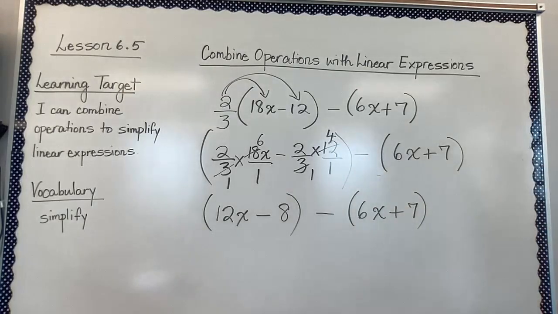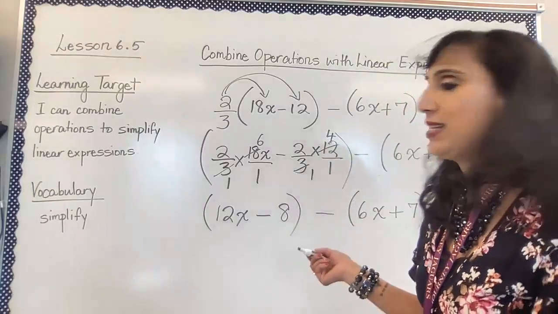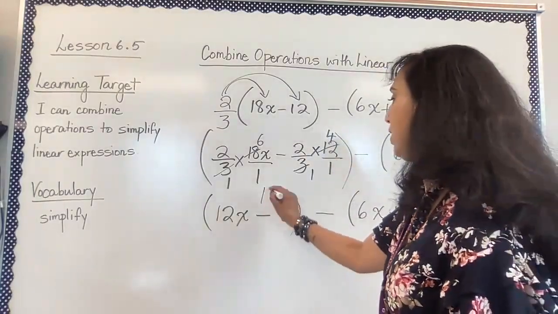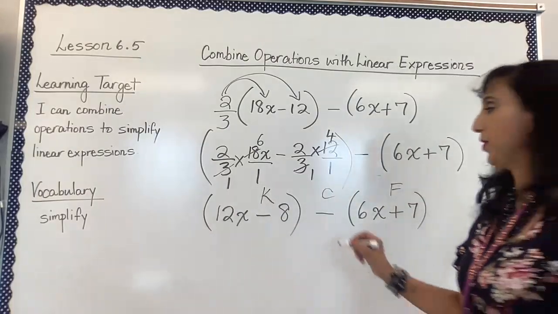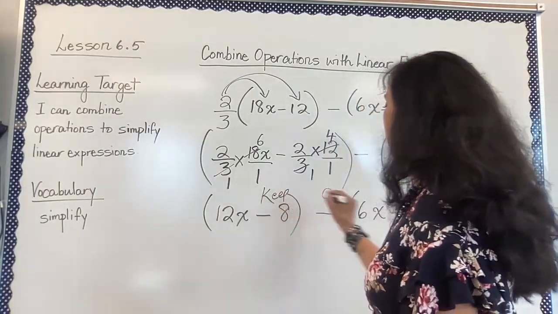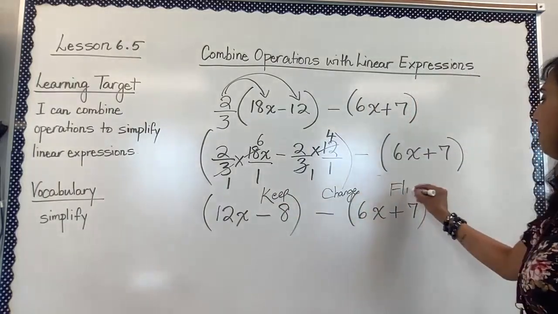Okay, arrange the like terms in columns now, and then I am going to add the additive inverse like we've talked about. So when I say additive inverse, we are going to keep, change, flip the signs, if you remember. Keep, change the sign to plus, flip the signs.